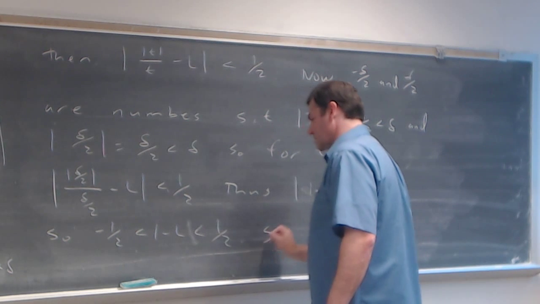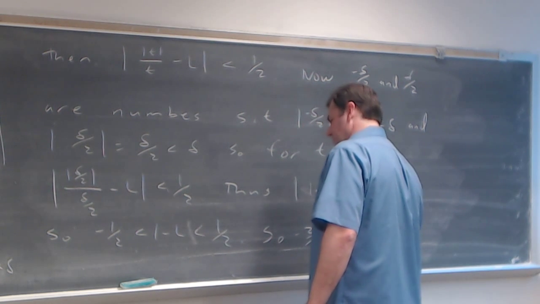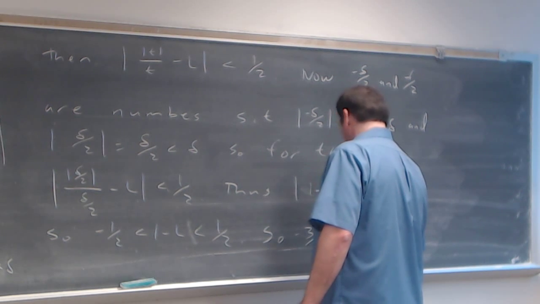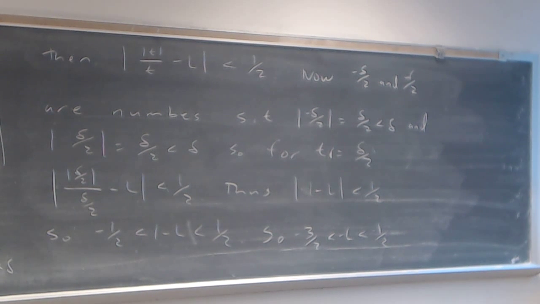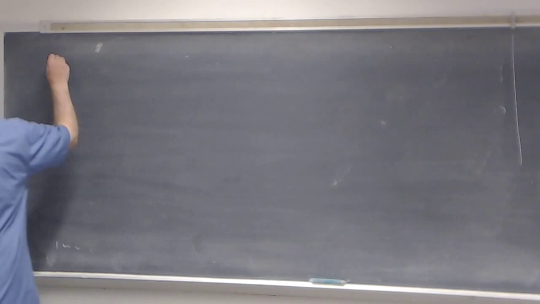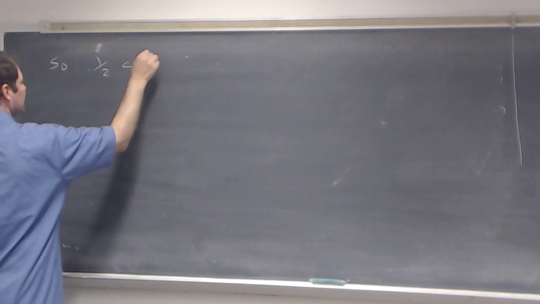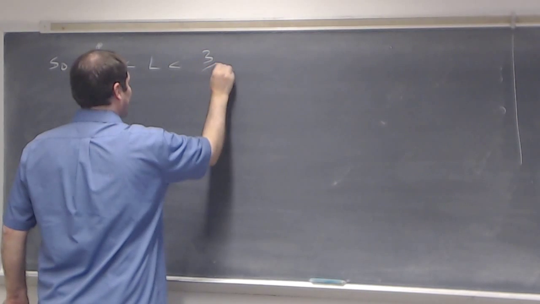If I subtract 1 from both sides, that says minus 3/2 is less than minus L, which is less than minus 1/2. So solving for L, what we would get is that 1/2 is less than L, which is less than 3/2.